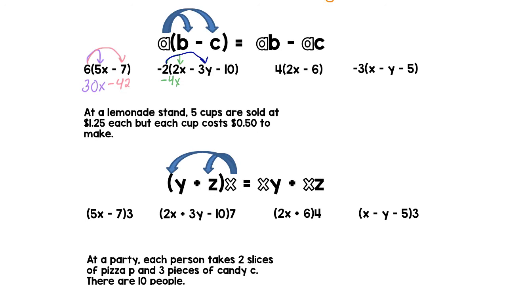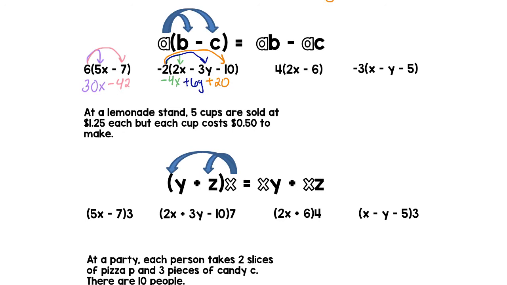Well, negative times negative is positive 6y in this case. And lastly, -2 times -10 is positive 20. Signs are so important. Okay, the next two are the same idea. You're on your own for those.